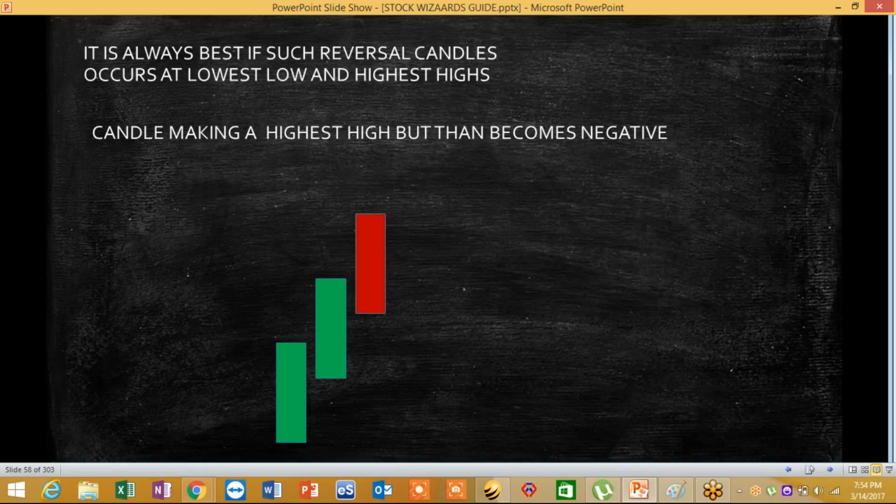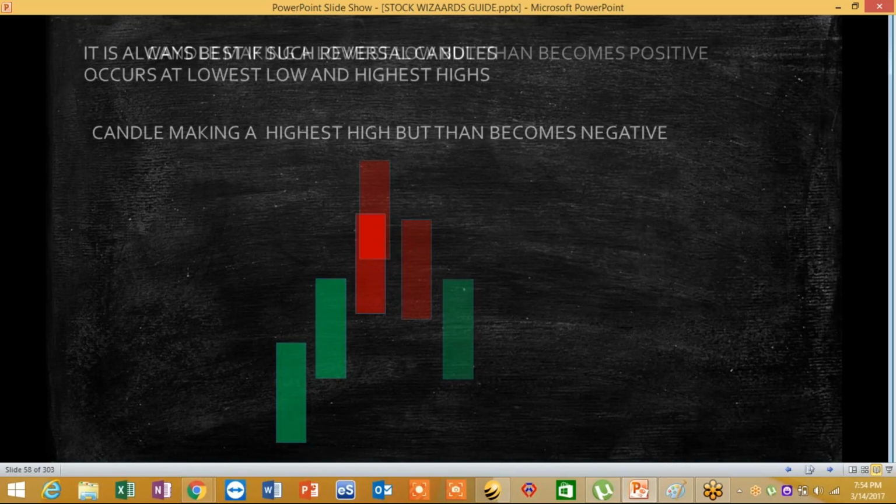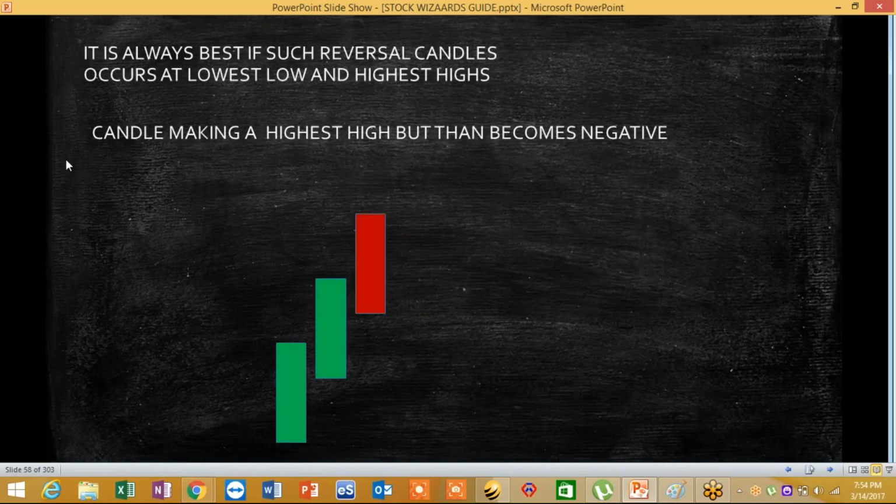But you see here, candle has made a new high. But what happened to that candle? Earlier we saw this, and the prices of stock closed here. The next day the prices opened here. It was a gap up. Or if it's the same day, the stock price was here.